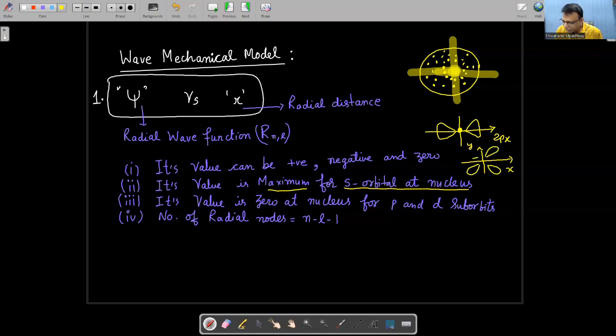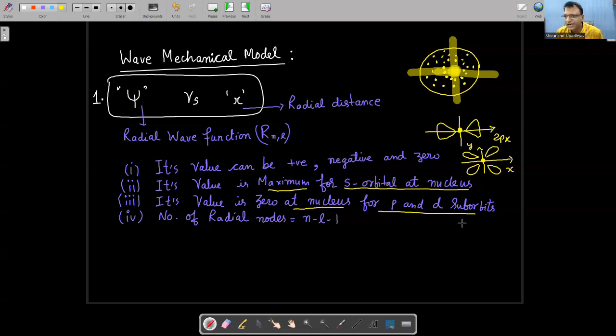Again, at the nucleus, you can see that this wave function is going to be 0, right? So there are two planar nodes passing through the nucleus. So that's why for p and d, we are saying that the value is 0 at the nucleus for p and d suborbits. And the last point is the number of radial nodes.